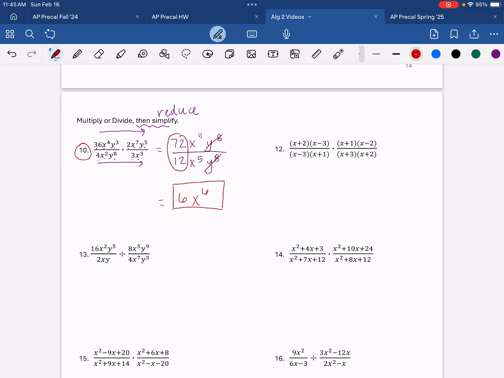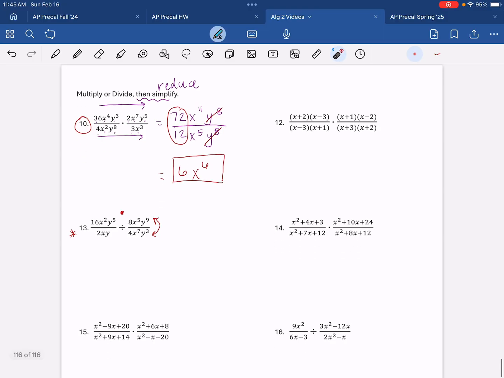So like looking at the page, I can tell that 13 is going to be done the same way, except when you see division, we're going to keep the first fraction, change to multiplication, and then don't forget to flip your second fraction. So you're multiplying by the reciprocal, which again, you might remember as keep, change, flip.